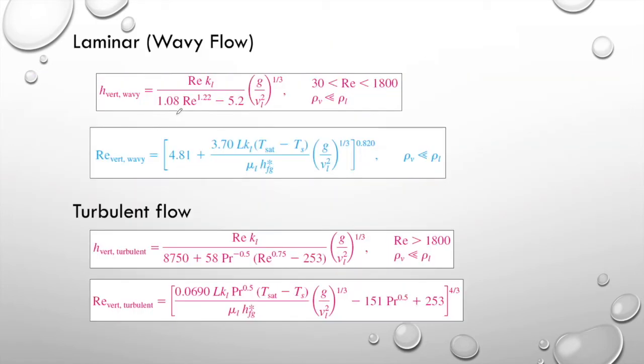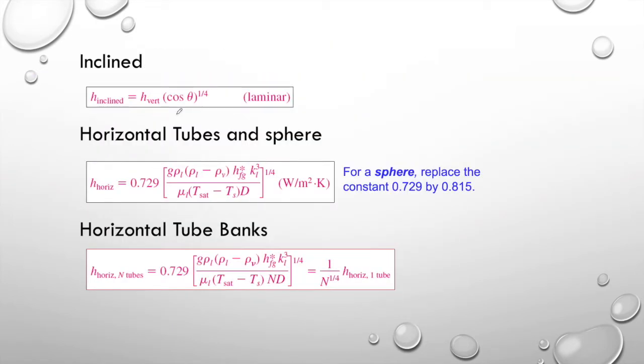So now if we have horizontal tube banks, we have to determine 1 over n to the power of 1 over 4 times h horizontal 1 tube. The h horizontal 1 tube has already been calculated in example 18. Now what we have to do is determine 1 over n to the power of 1 over 4, so we will directly calculate this value.